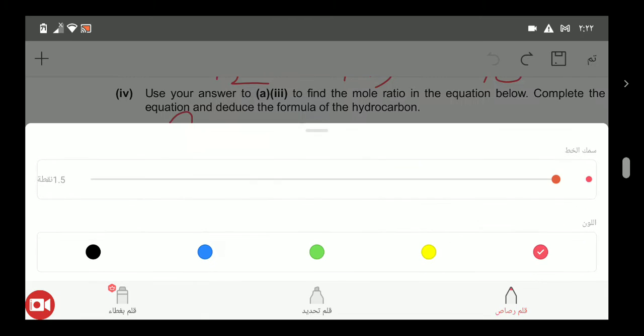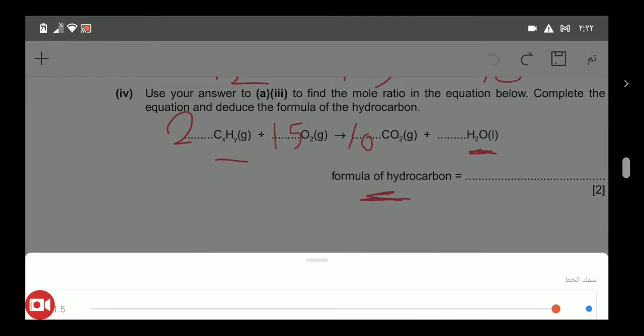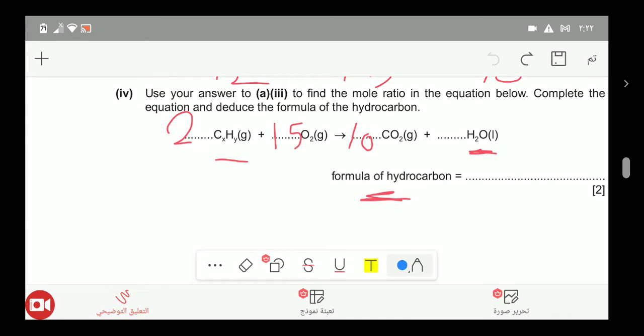So let's do this, and remember that it is a tricky question, so you have to focus on the number of moles of hydrocarbon, which equals the volume. We have about 30 oxygen here, so on the other side we must have 30 oxygen.